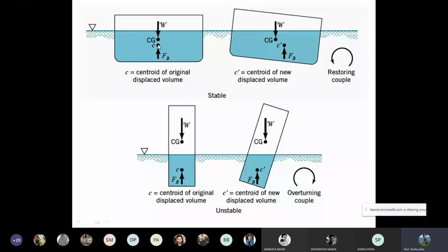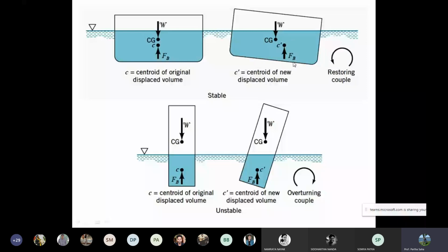The moment the body is turned to its right-hand position, the centroid moves to C prime, the new position, the center of the new displaced volume. But the displaced amount of water tries to push it back to its equilibrium position. That is, the centroid tries to move under the center of gravity. So there is a restraining couple acting on it, and this body will be stable.